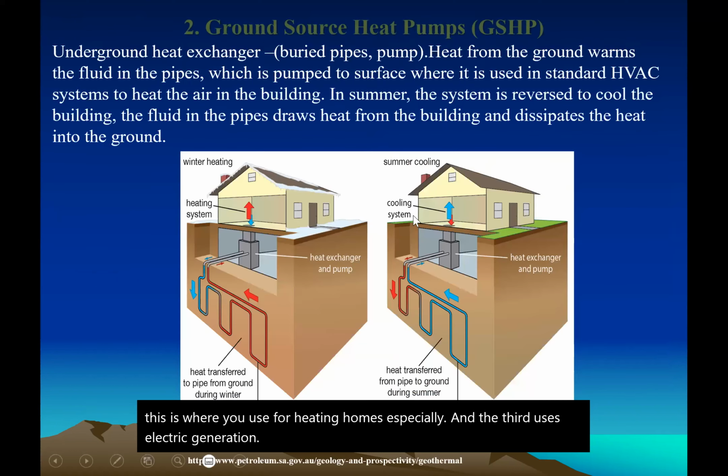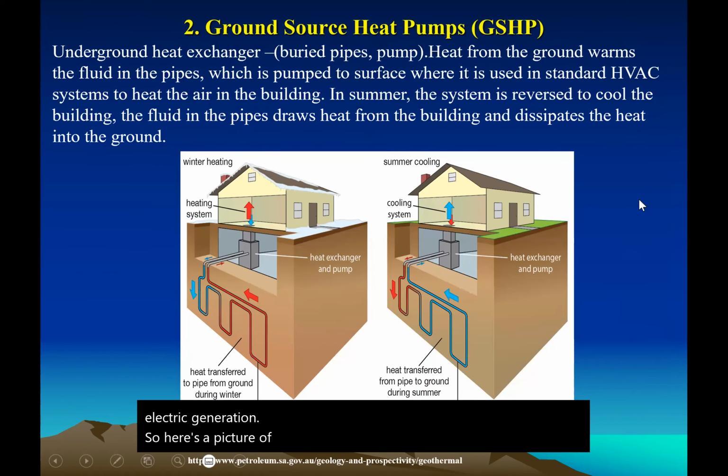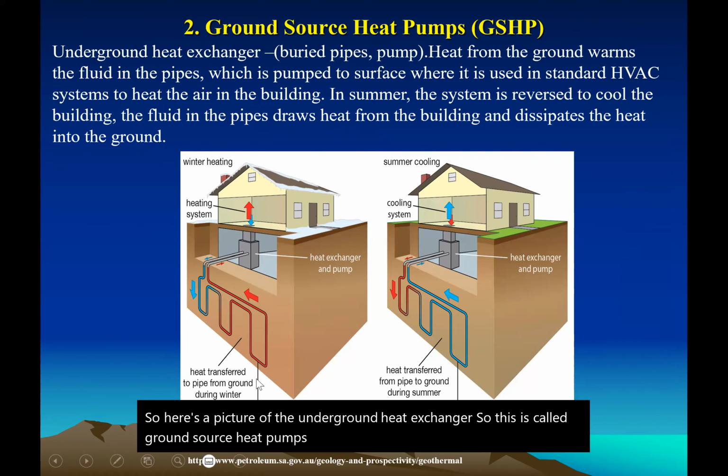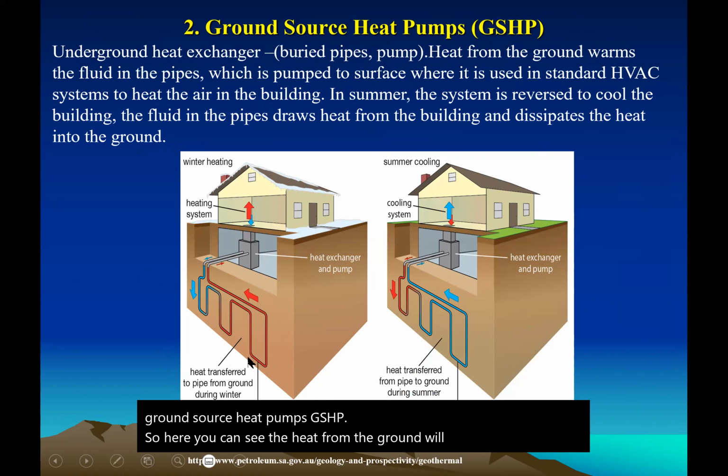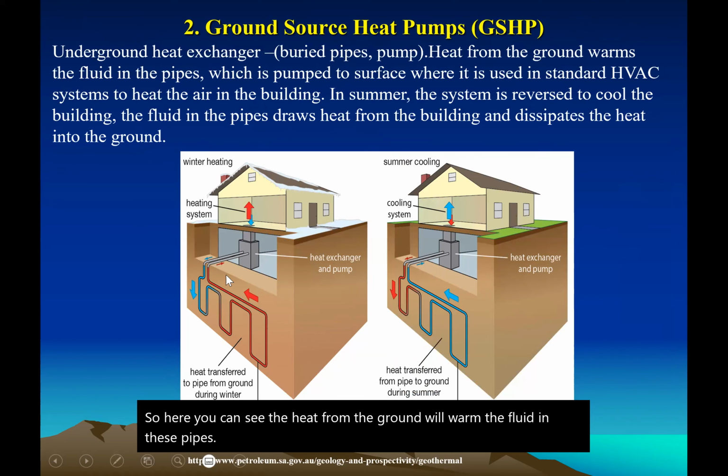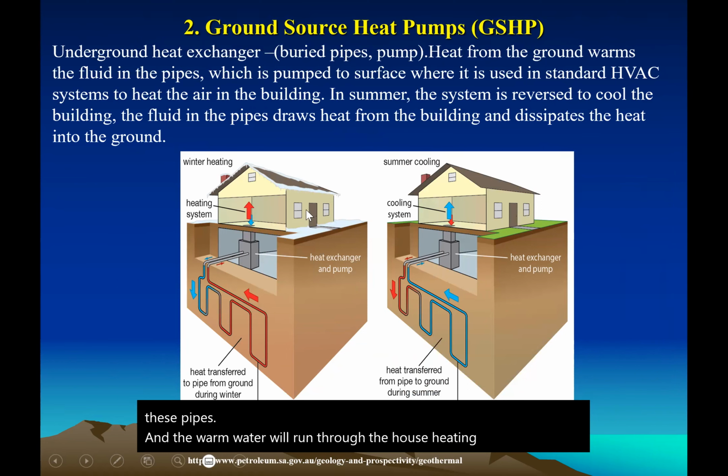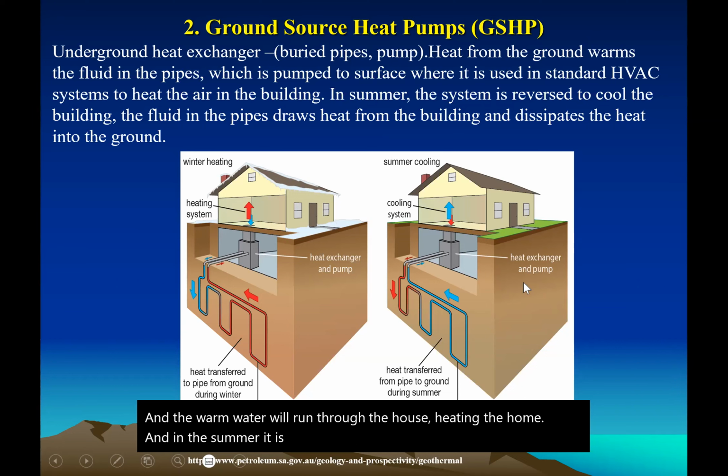Here's a picture of the underground heat exchanger. This is called a ground source heat pump, GSHP. Here you can see the heat from the ground will warm the fluid in these pipes, and the warm water will run through the house, heating the home. In the summer, it is reversed, and it can be used for cooling.